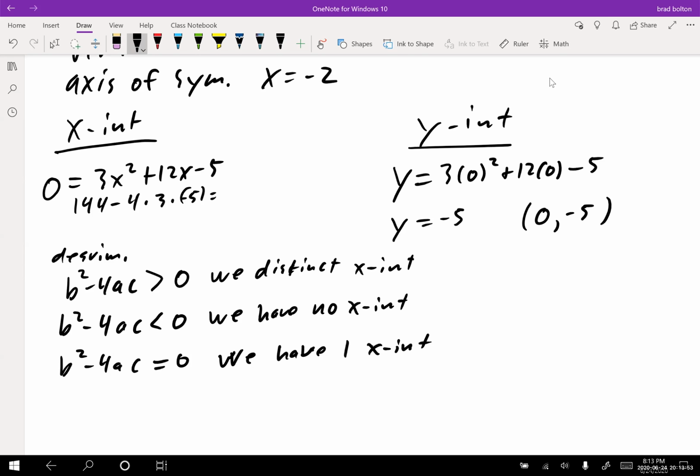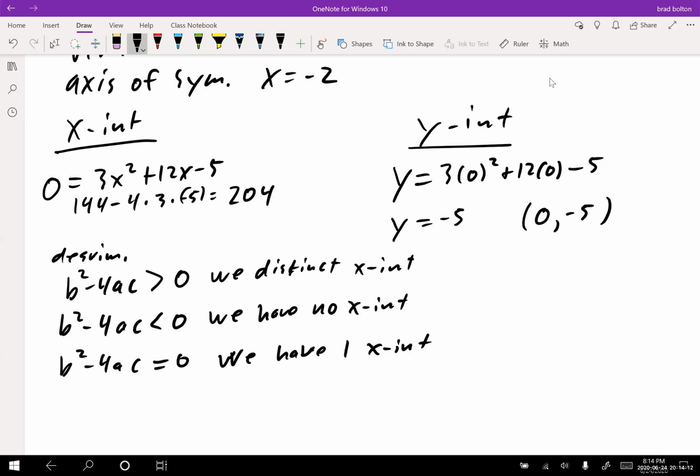Wait, oh no, we add 60. So it's 204. And it's positive. So there are, in fact, x-intercepts, but the problem is the x-intercepts are not clean. They're ugly, irrational numbers.